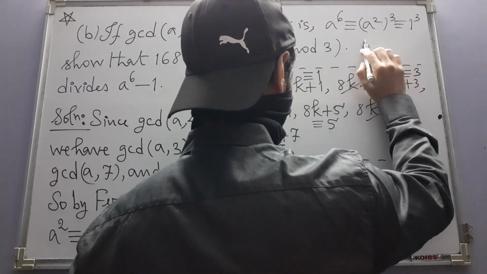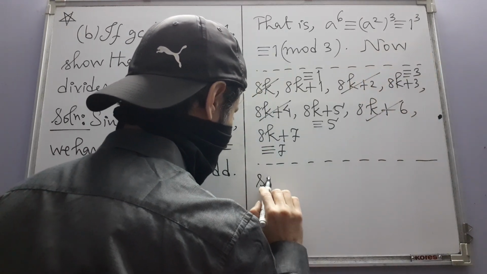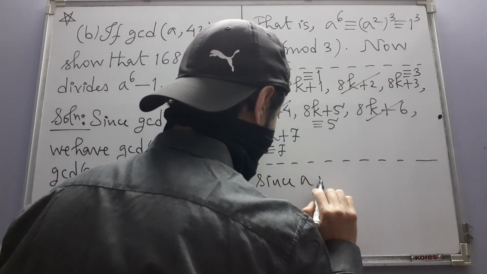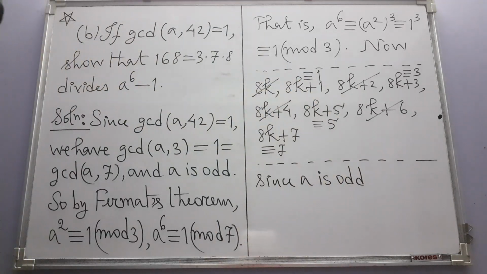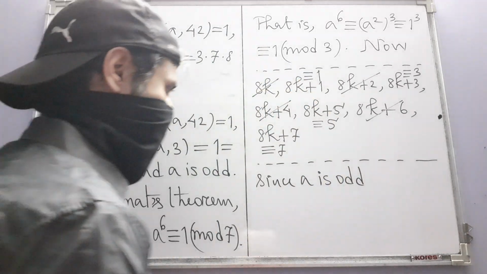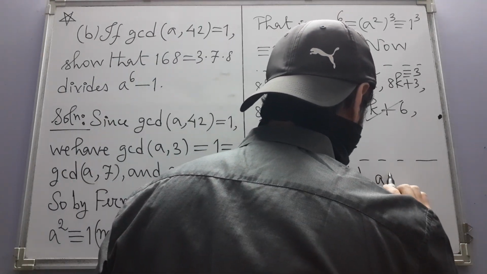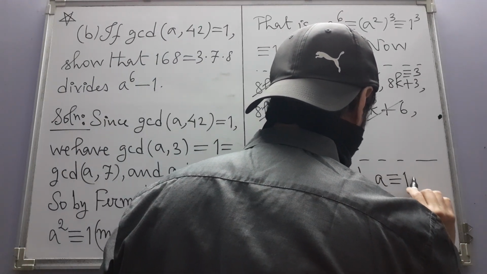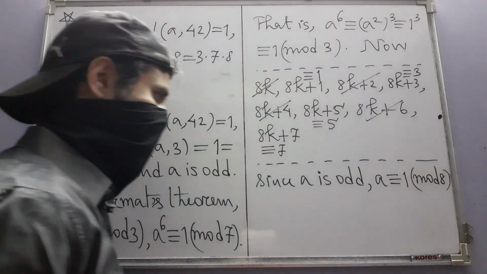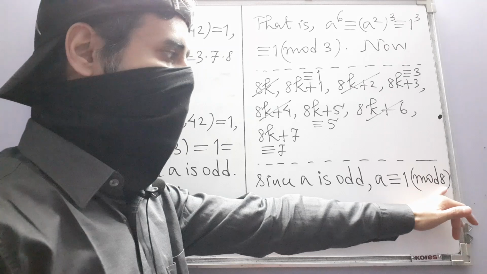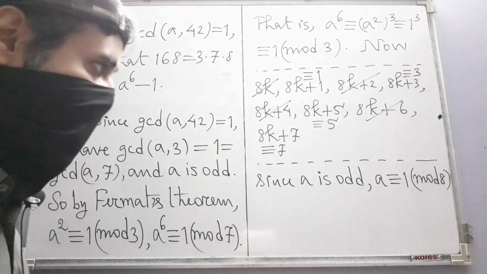So that means we can now write this. Let me continue from here itself. Now, since A is odd, we won't write all these things. We are straight away going to write what we are getting here. So A is either congruent to 1 mod 8. Fermat's theorem will give you only the modulus 2, not the composite modulus 8. That is why.